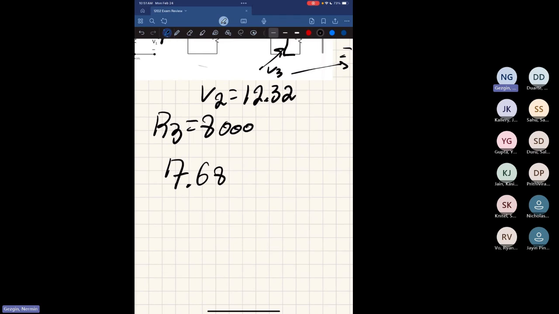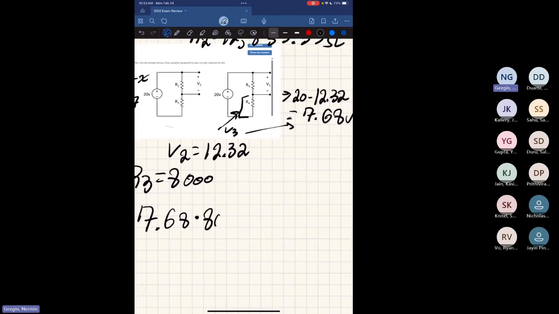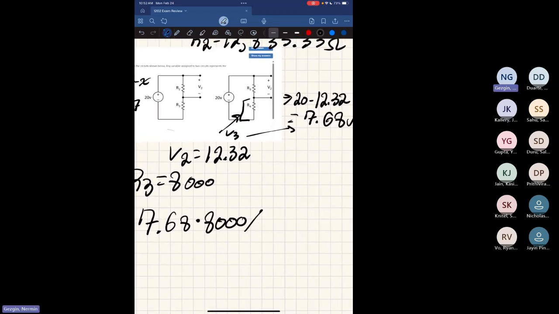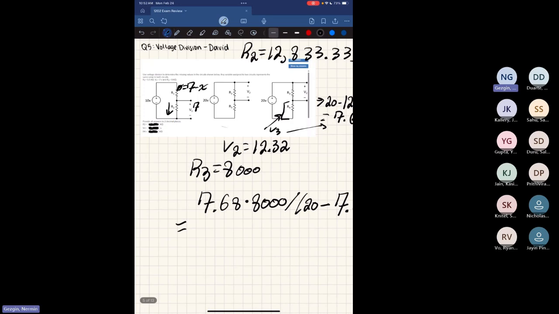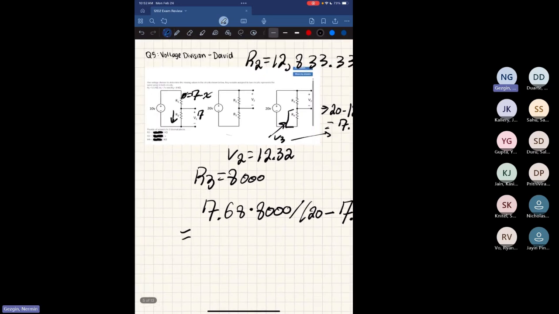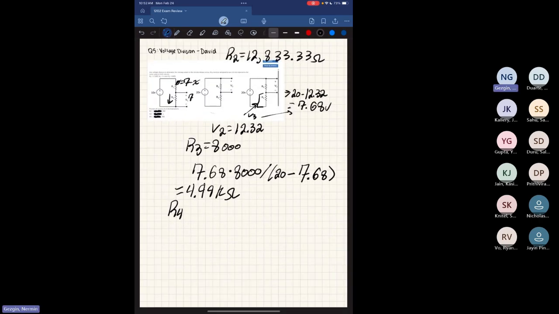So we have 7.68 multiplied by the resistance of R3, which we know is 8,000, divided by the supplied voltage minus the voltage V3, which gives the value for R4, which equals 4.9. So with that problem, we have the answer.